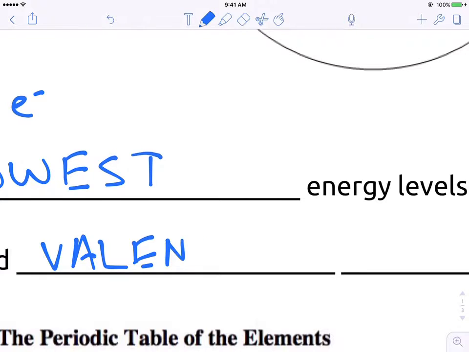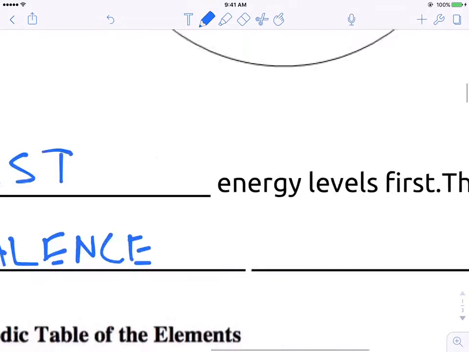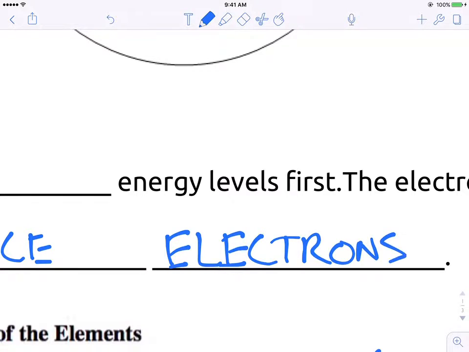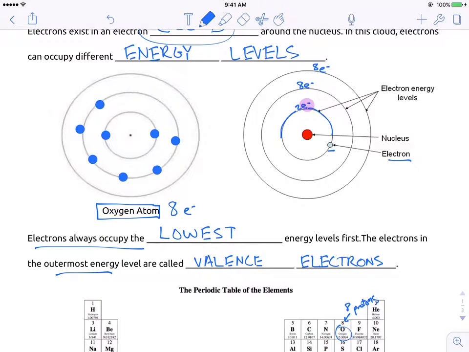And these are the electrons that we're really concerned about, because they're the ones that are going to be making bonds and doing the interesting things in chemical reactions. So the outermost electrons are valence electrons. With this oxygen atom that I just did, the outermost energy level is the second energy level, and there are 6 valence electrons in the oxygen atom.